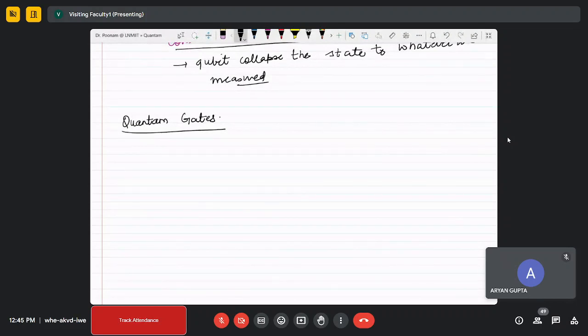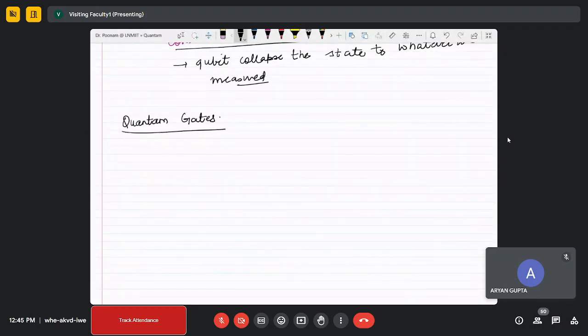But just having this information is of no use when you cannot do any processing. For doing this processing in classical, gates play an important role, and that is why you studied in computer architecture all the circuits, even the adder circuit, subtractor circuit, sequential circuit, combinatorial circuit. The base of all of these circuits was what? Gates. So a similar thing we are going to study in quantum gates also.